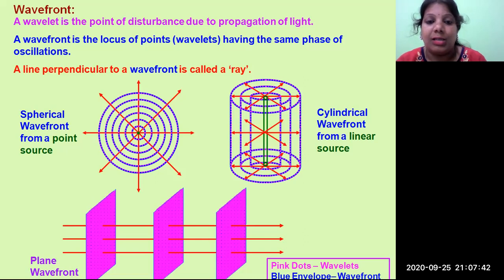Then the light will propagate from the four corners of the rectangle. If you observe, the wavefronts are in the shape of a plane, so that is the meaning of the plane wavefront. So a wavefront is a locus of points having the same phase of oscillations, and wavefronts are divided into three types: spherical, cylindrical, and plane wavefront.